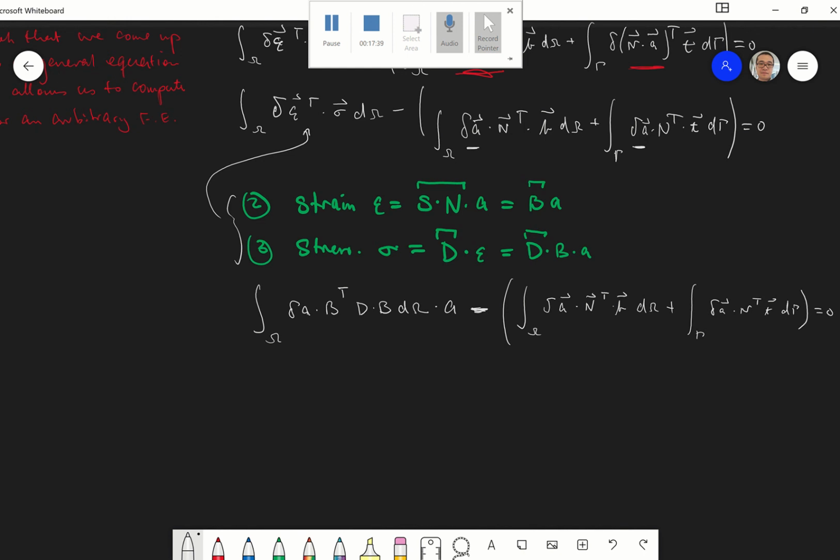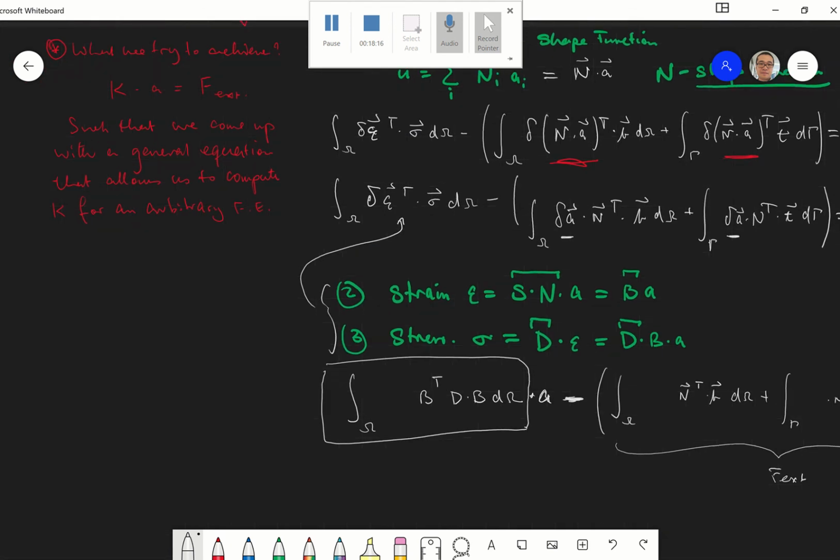Okay, now why do we need that? So it turns out that first of all these three terms have this delta A there, so we can basically cancel that one out. So we move that one away, and that one away. And what do we have left? We are left with something times A minus, as I said before, this whole bunch is our external forces.